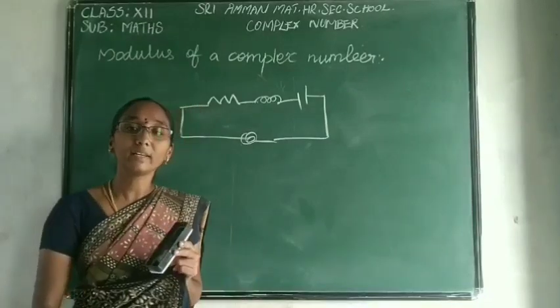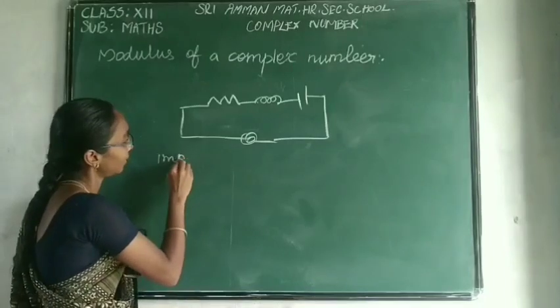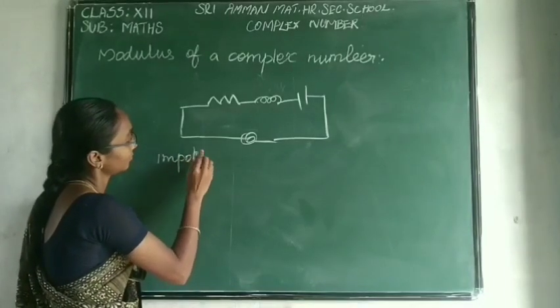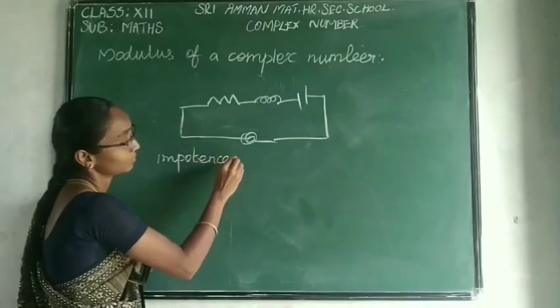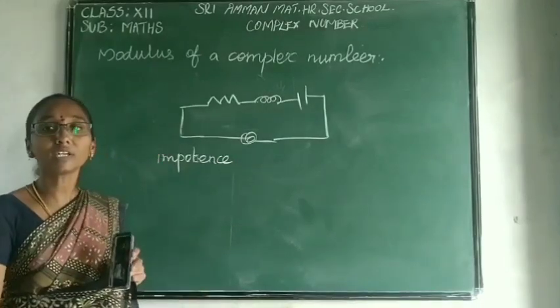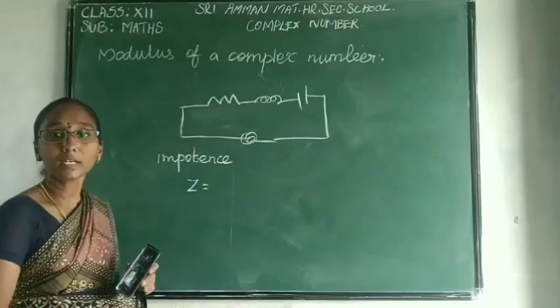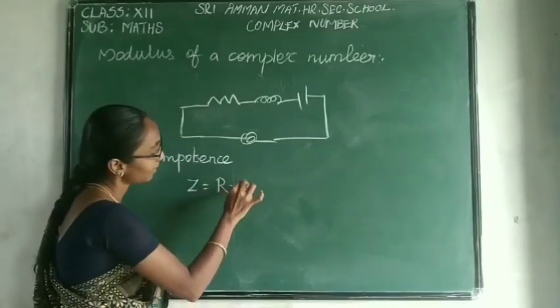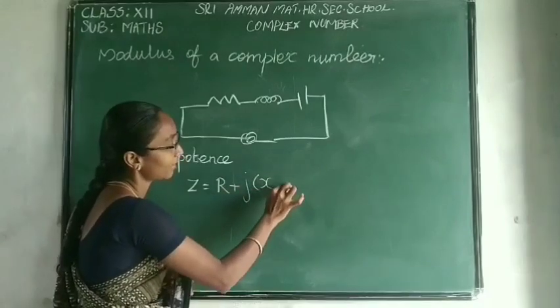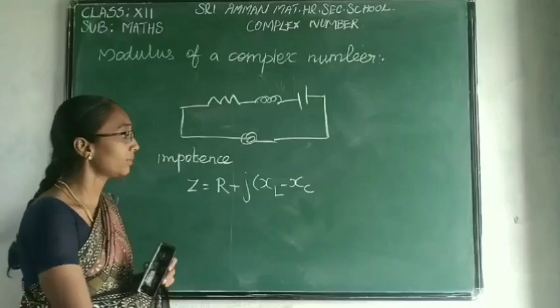Now you write the impedance. The impedance is written in the form Z equals R plus J into (XL minus XC).